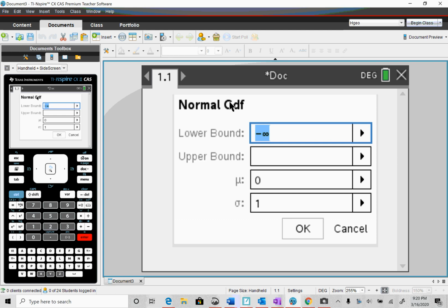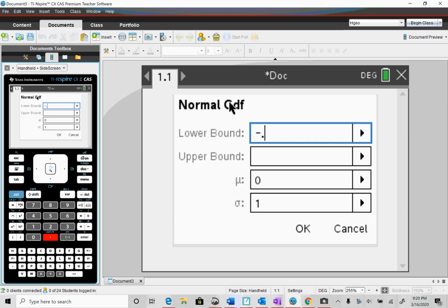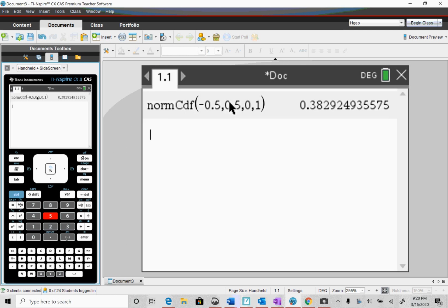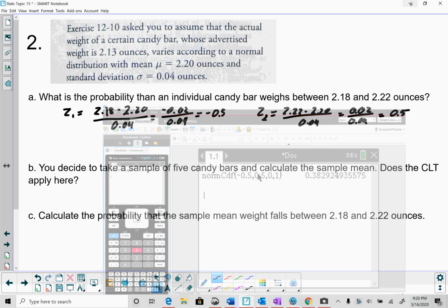Our lower bound there was a negative 1/2. The upper bound was a positive 1/2. So our probability of that happening is 0.3829.